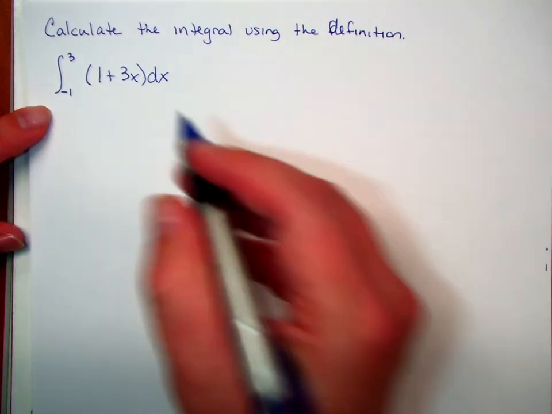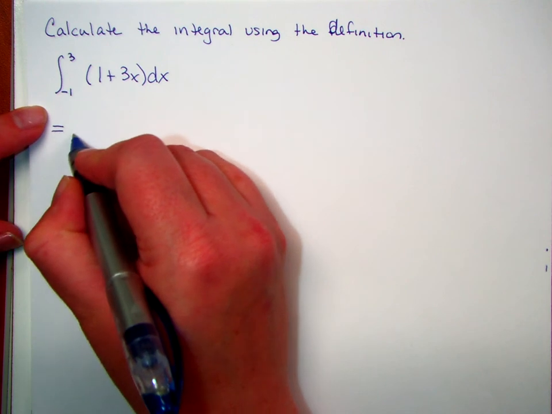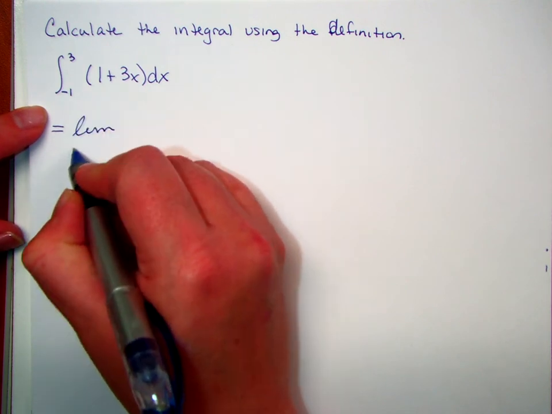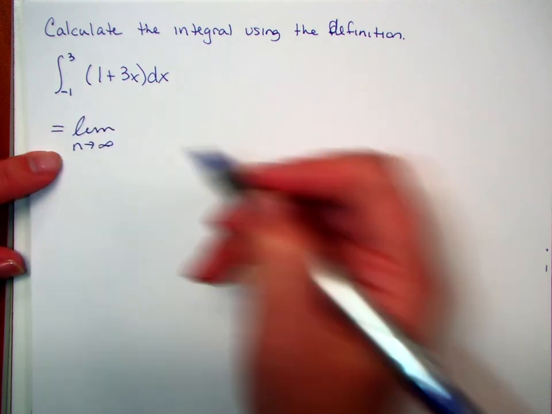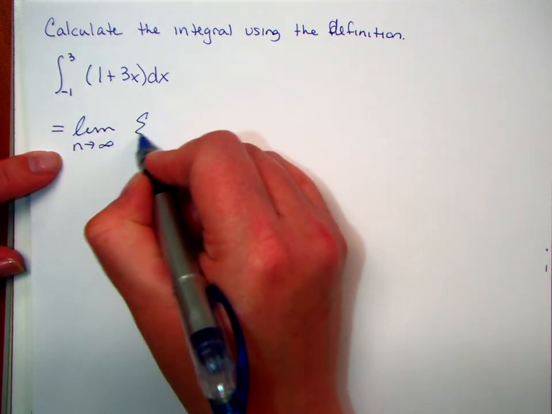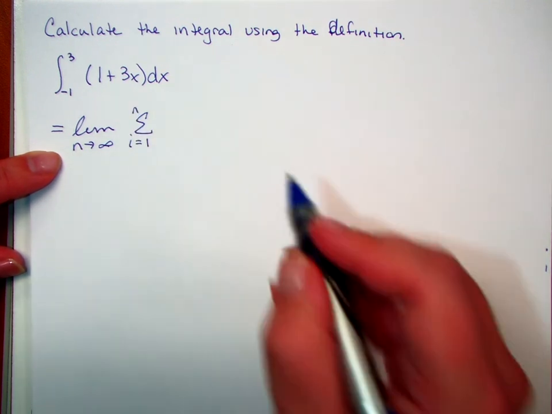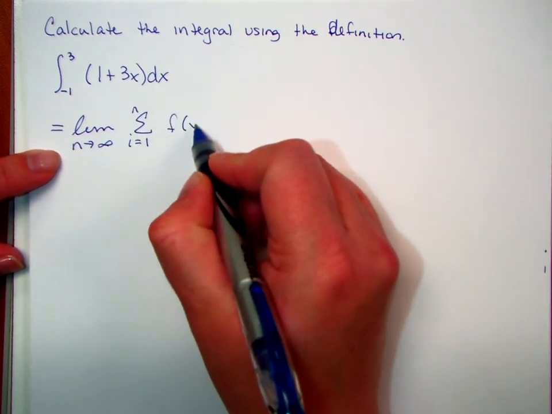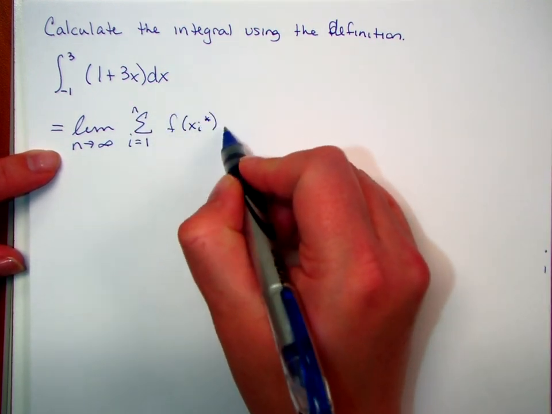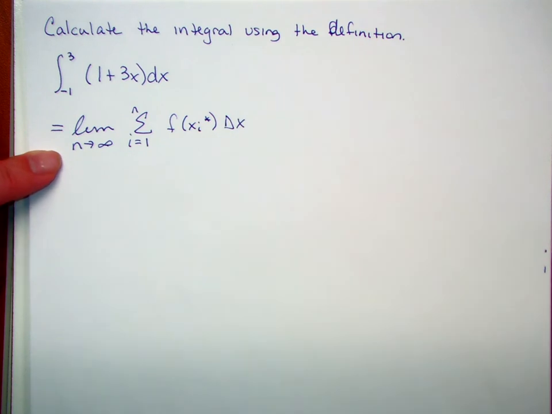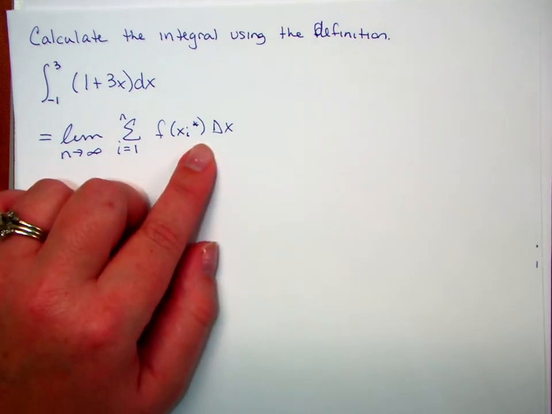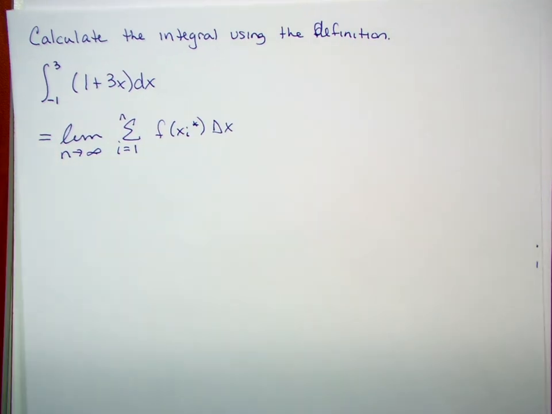All right. So using the definition, we're going to do the limit as n goes to infinity, infinite rectangles of the sum of the height of our rectangles times the width of our rectangles. So this is just the sum of all the areas, a sum of all those infinite rectangles.